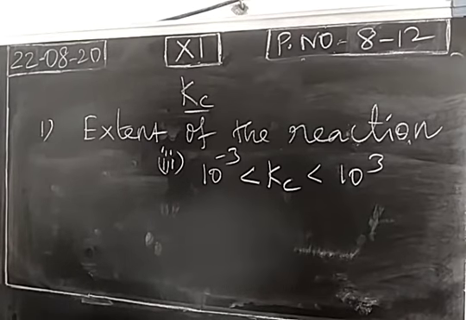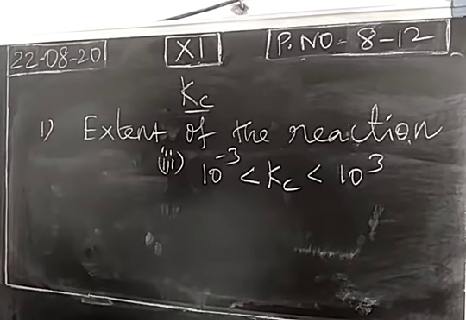We cannot predict exactly whether the reaction will move towards the forward or backward side. If this is the condition, we cannot predict the exact extent of the reaction, whether the reaction will move towards the forward side or the reverse side, because almost equal amounts of reactant and product will be there.